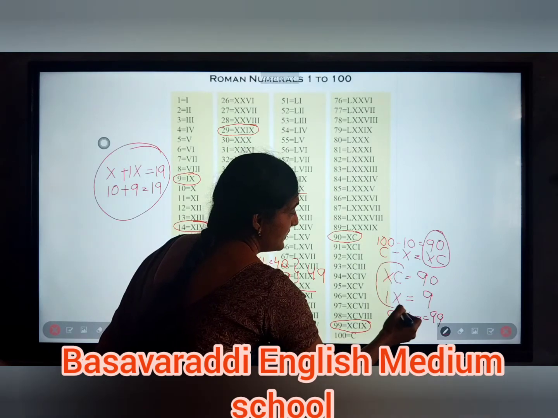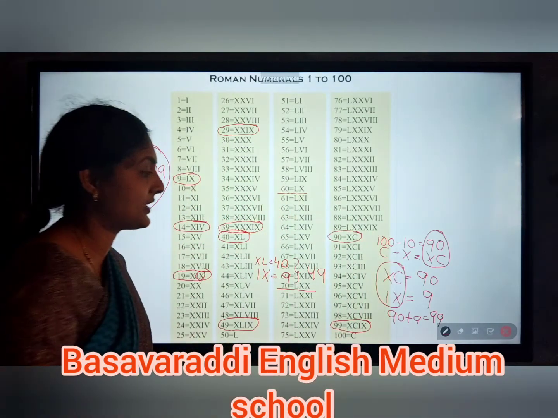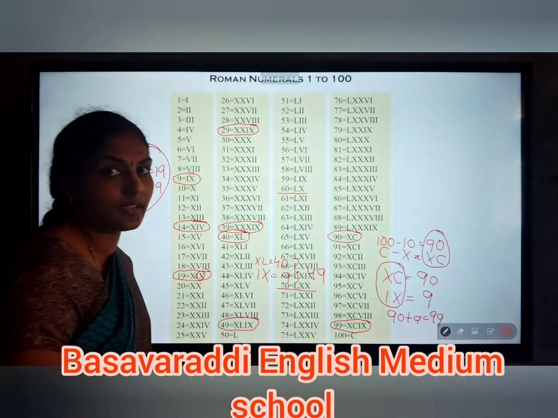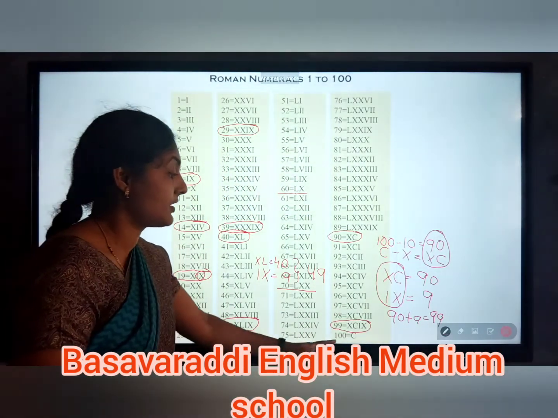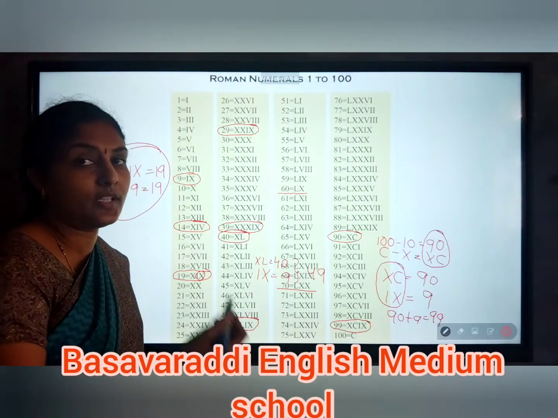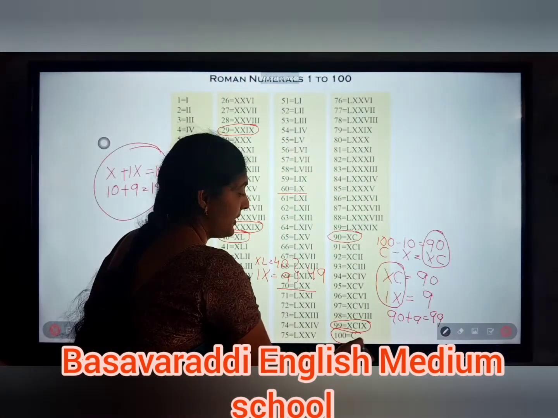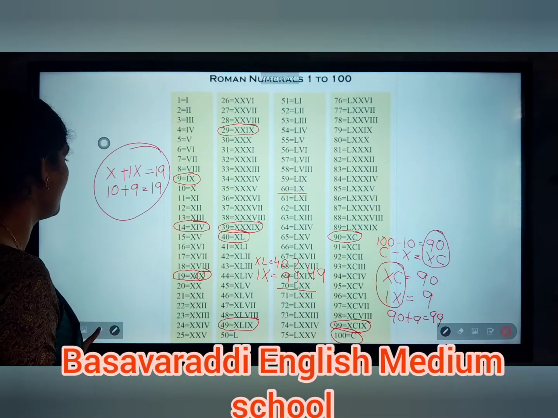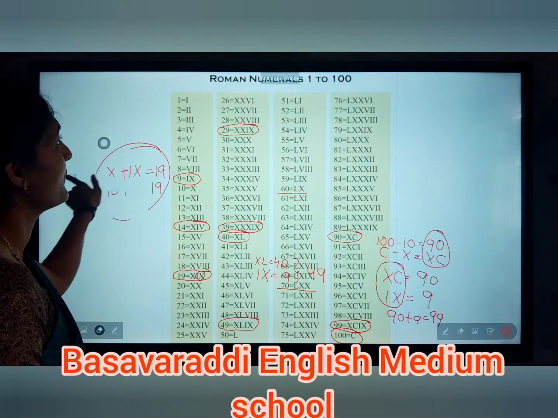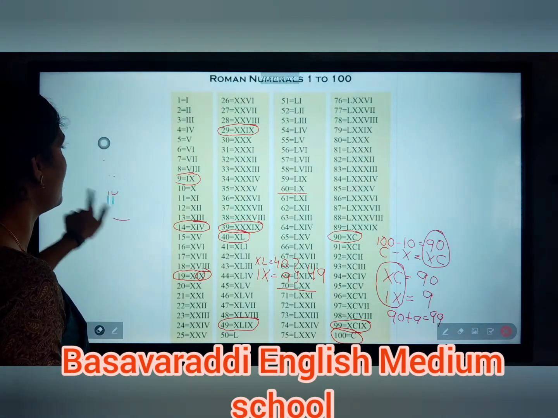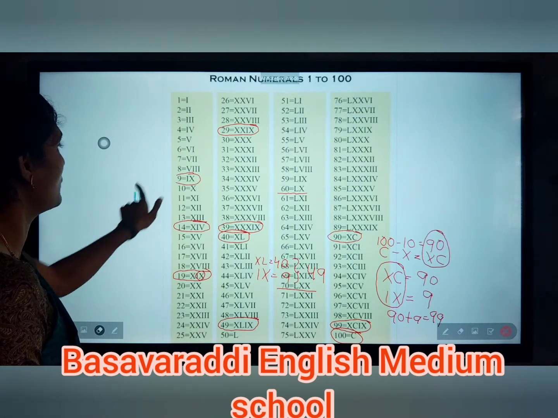Is it right? And club the symbols and write it, XCIX, like that. The C value is 100. So this is the basic symbol. So these are the Roman numerals 1 to 100. Just apply all the rules to write the Roman numerals.